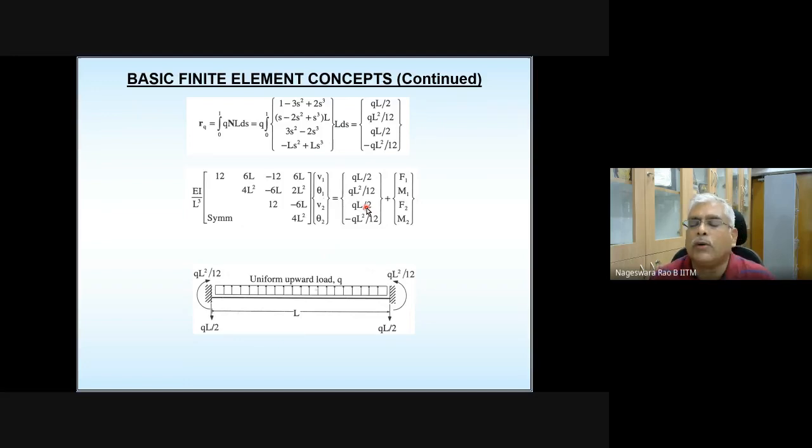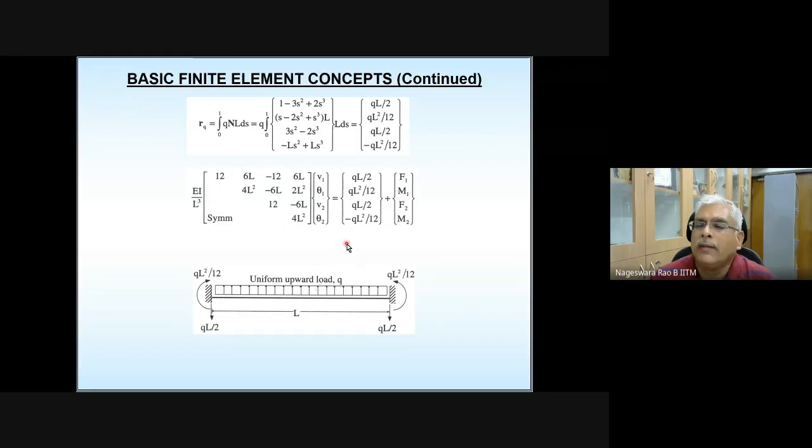You first put these reactions based on the sign convention that we follow for applied forces and moments. Once you get that vector, you reverse the signs, then that is how you get this vector. So there is a relation between this and that.